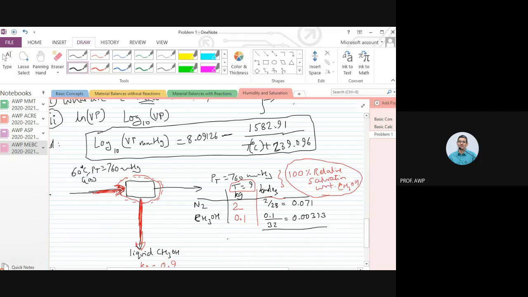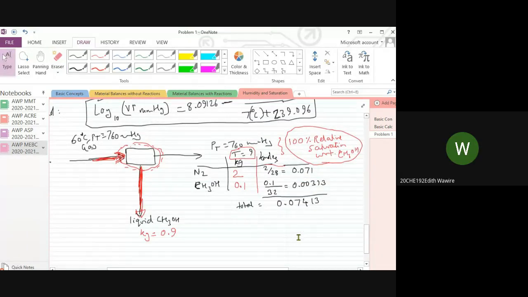What is the total? 0.0713 plus 0.00313 is 0.07413. So that is the total.